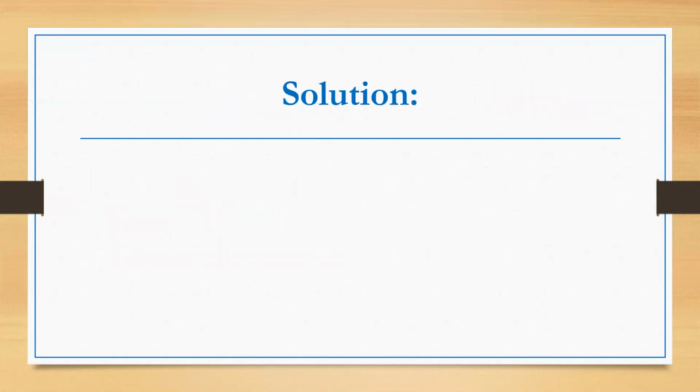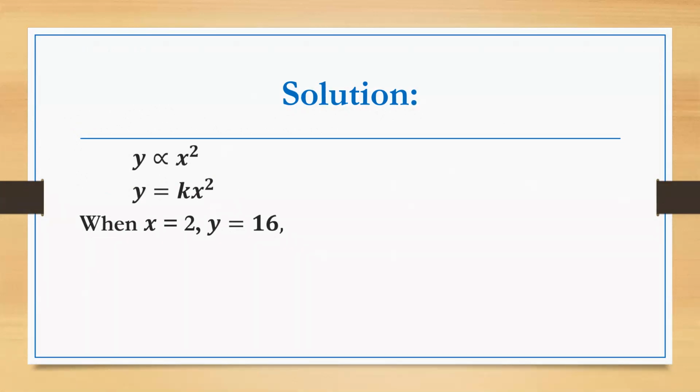So here, y varies directly as x squared. So I will get y equal to kx squared, where k is the constant. You have been given that x equal to 2 and y equal to 16. So we replace these values.